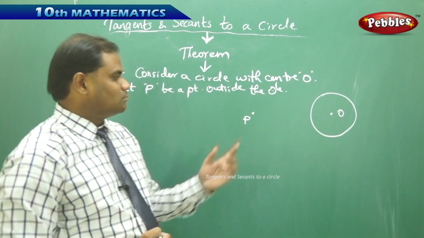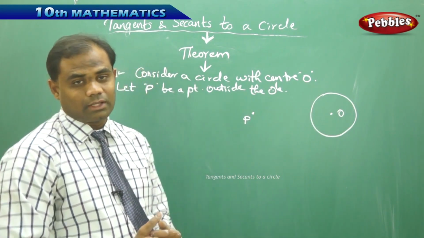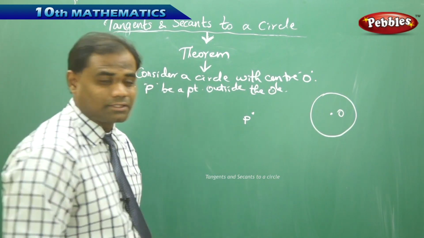Secondly, I come to drawing the tangents from P to the circle. Clearly, I see there are two tangents which can be drawn.